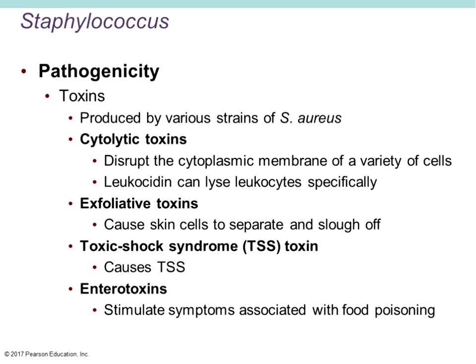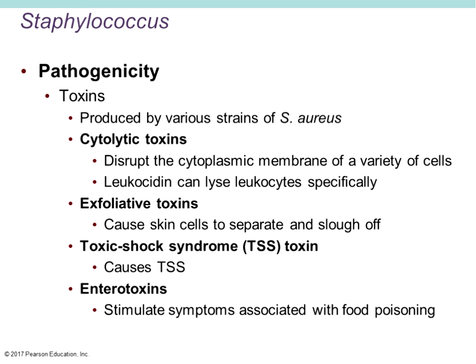And then we have enterotoxins, and there are about 4 or 5 of them. They're going to mimic some of the symptoms associated with food poisoning, because they stimulate the internal muscles to contract, and as they do that, it will cause nausea and intense vomiting, which is the same type of response or symptoms that we see with staphylococcal food poisoning.